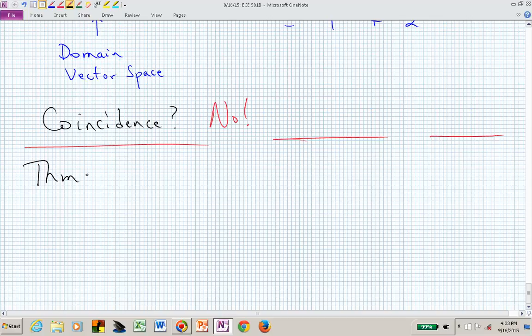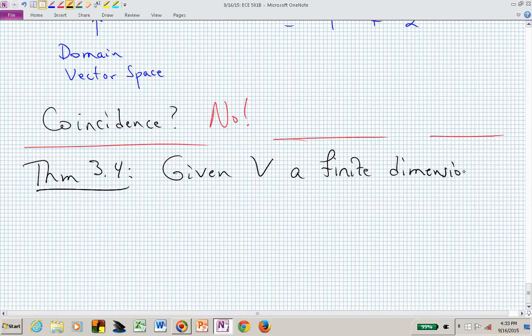Here's our theorem for today, one of them. Theorem 3.4 from the second edition. If we are given V, a finite dimensional vector space, and I know that you're going to be tweeting or texting this. Two years ago I just had to say you're texting it.